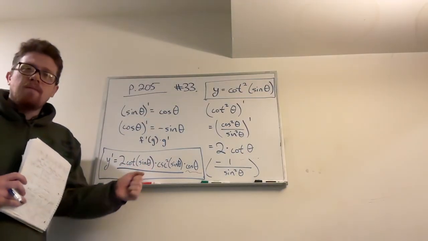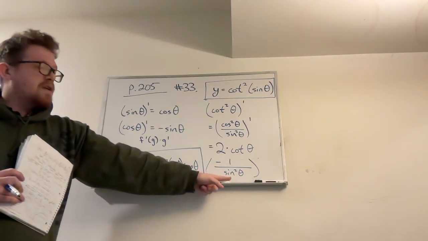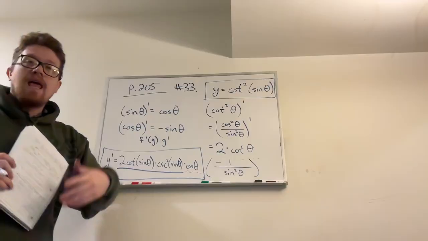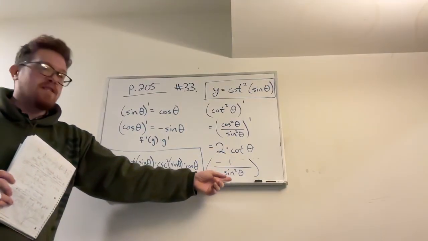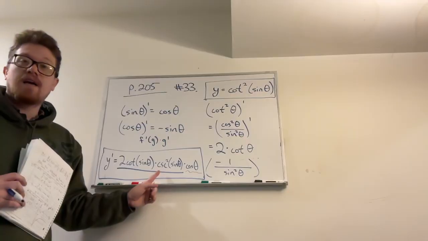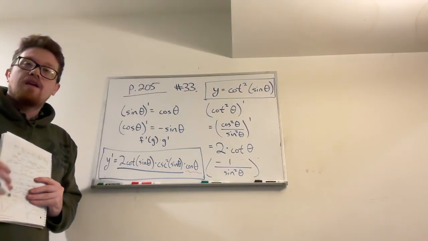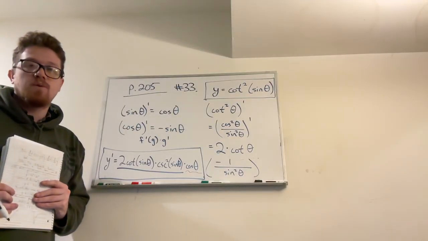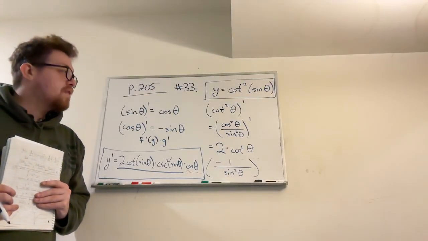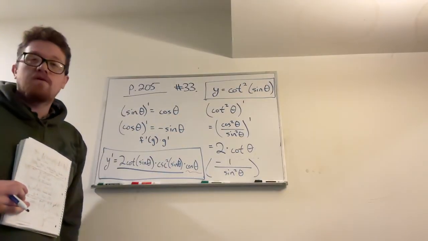A lot of these problems are a little annoying though, because as you can see when we were doing this problem, there were multiple different ways of writing this. If I'm grading your paper, and you leave it as cotangent and sine and you don't convert it into cosecant squared or something, I'm not going to take off points. But of course, your professor at your university or wherever you're taking calculus, or if you're in high school, they might care. They might even want you to memorize the derivative of cotangent squared.